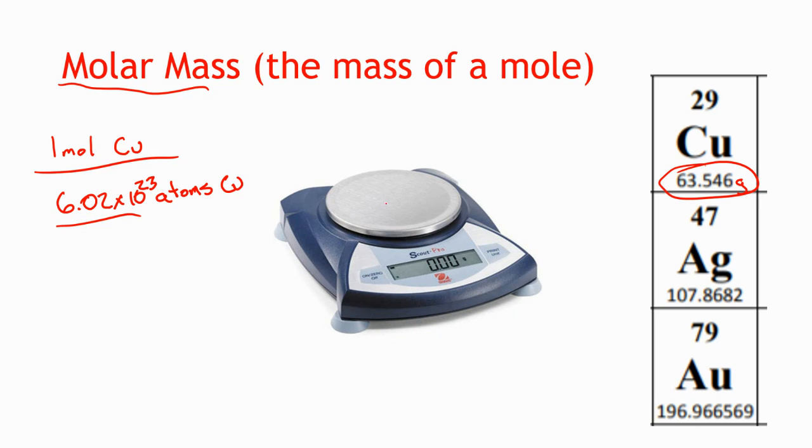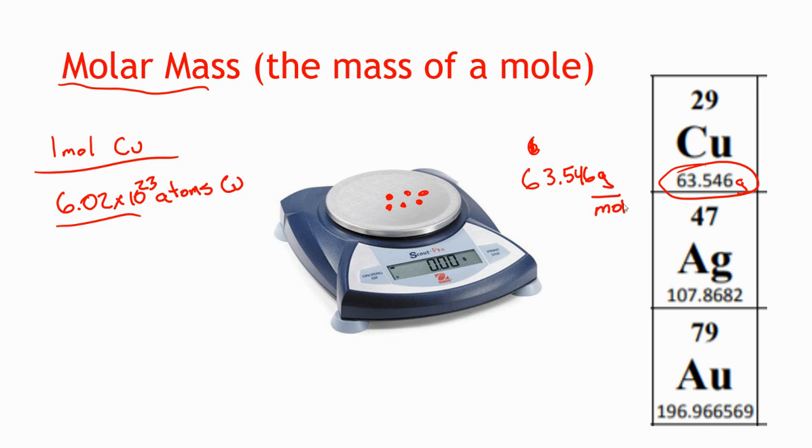And so if I were to place some copper onto a balance until that total came up to 63.546, I would know at that moment that I had 6.02 times 10 to the 23rd atoms, and therefore 1 mole of copper. That's what we call the molar mass, or in this case, copper would have 63.546 grams in 1 mole, grams per mole.